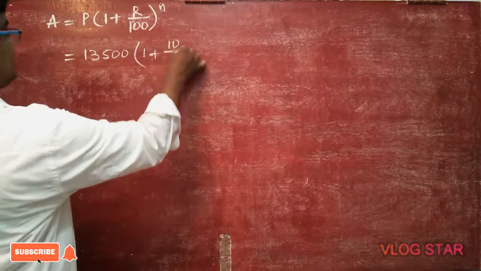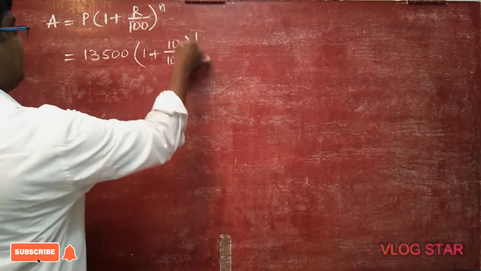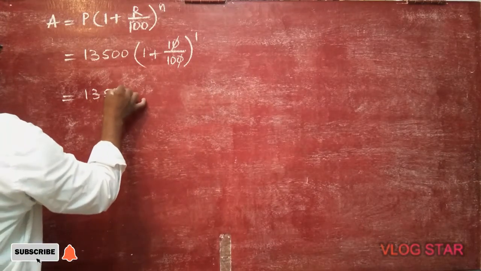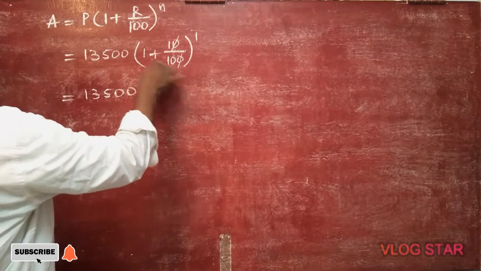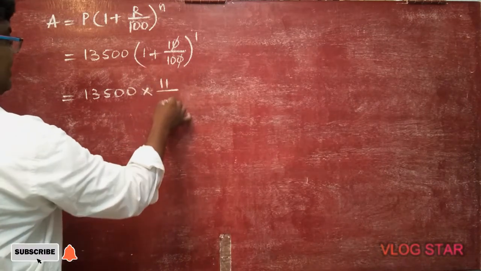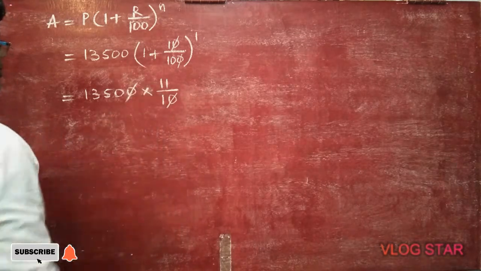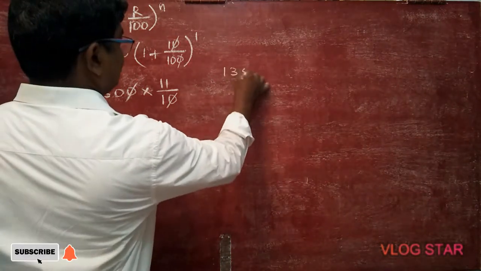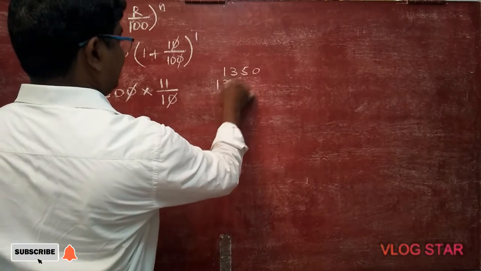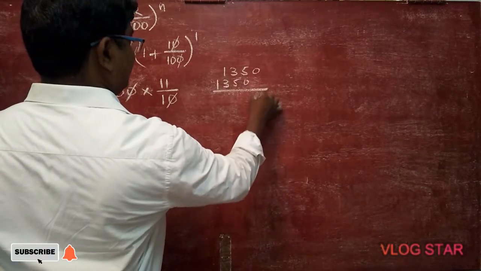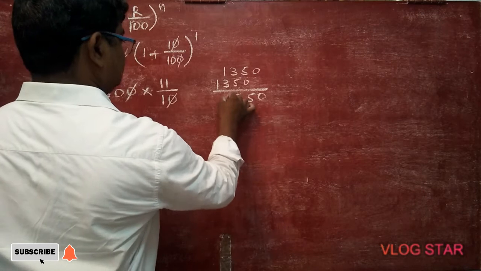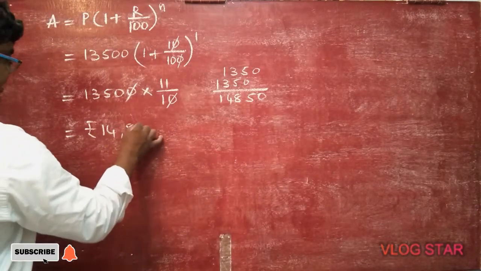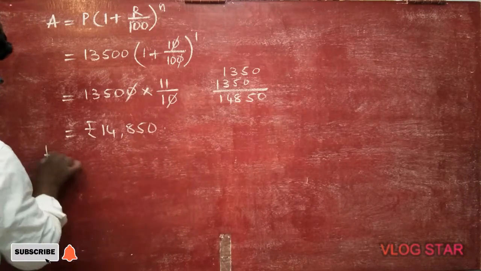Plus 1 plus 10 by 100 whole to the power of 1. 0, 0 cancels. 1,350 into 11 by 10. Now you multiply with 11: rupees 14,850.